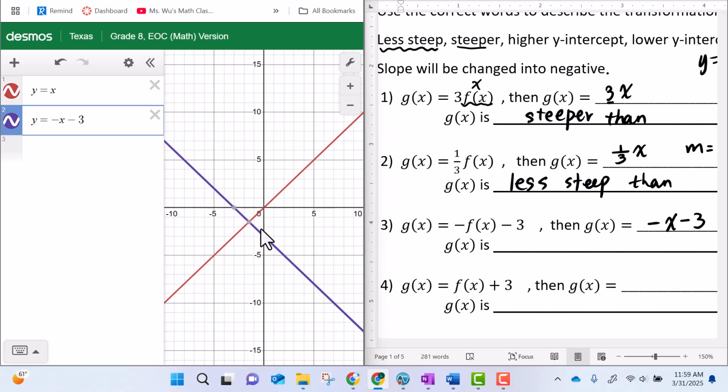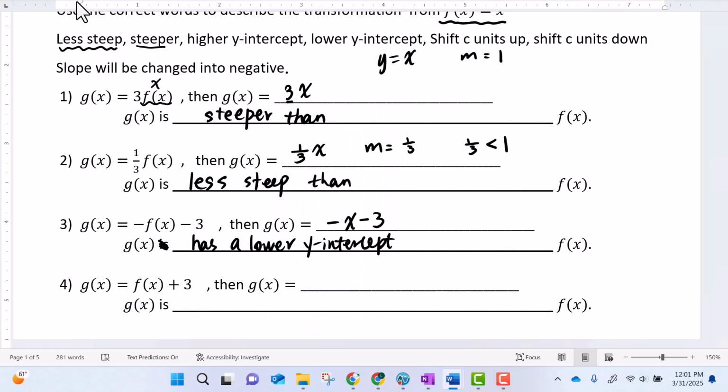We got lower y-intercept. Then the slope will be changed into negative. So g of x has a lower y-intercept than f of x. Also the slope is changed into negative.